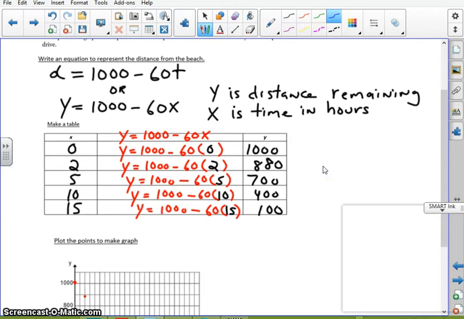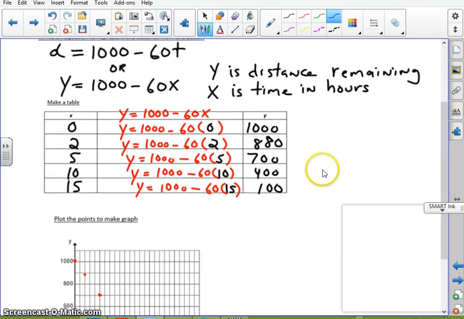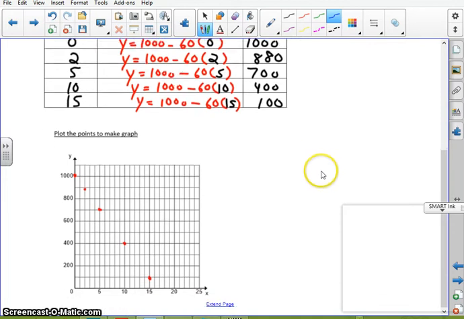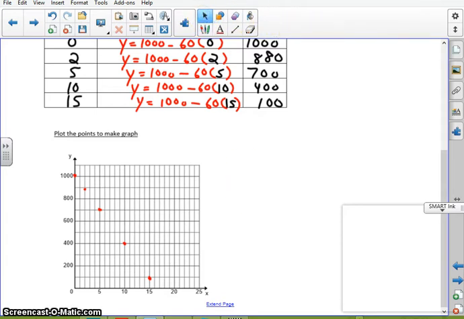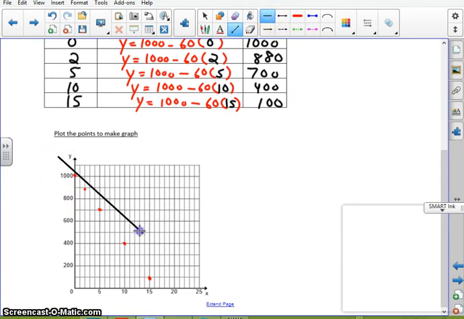So now that I have my ordered pairs, I go and plot those points on my graph. Based on what it looks like there, this is a linear equation.